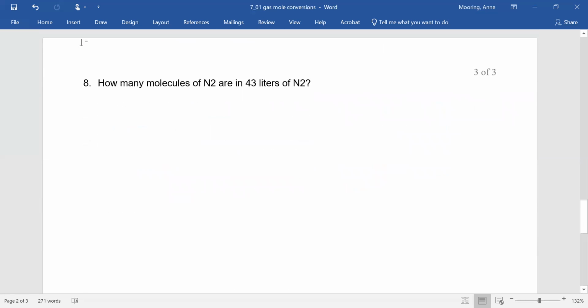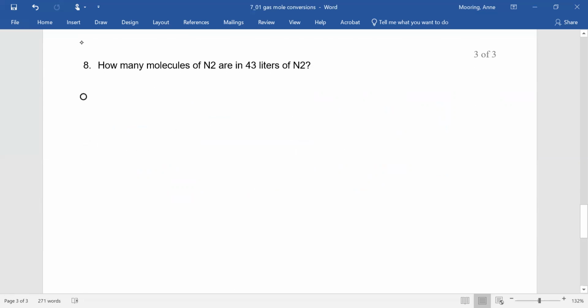The last one I want to look at is how many molecules of N2 are in 43 liters of N2. So that should be a subscript, and it's not. So our given is 43 liters of nitrogen, and we are trying to find molecules of nitrogen.